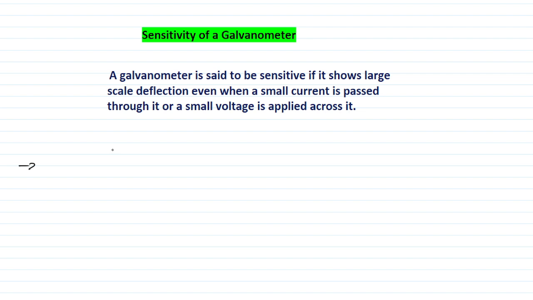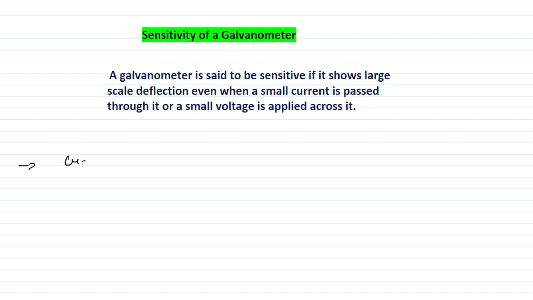Basically, the sensitivity of a galvanometer is the amount of deflection produced per unit current or per unit voltage. Based on current and voltage, we have current sensitivity and voltage sensitivity.